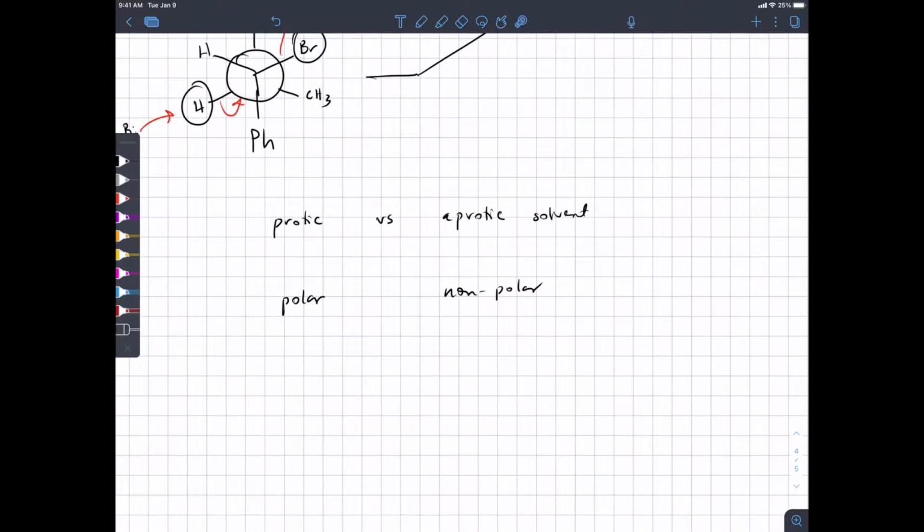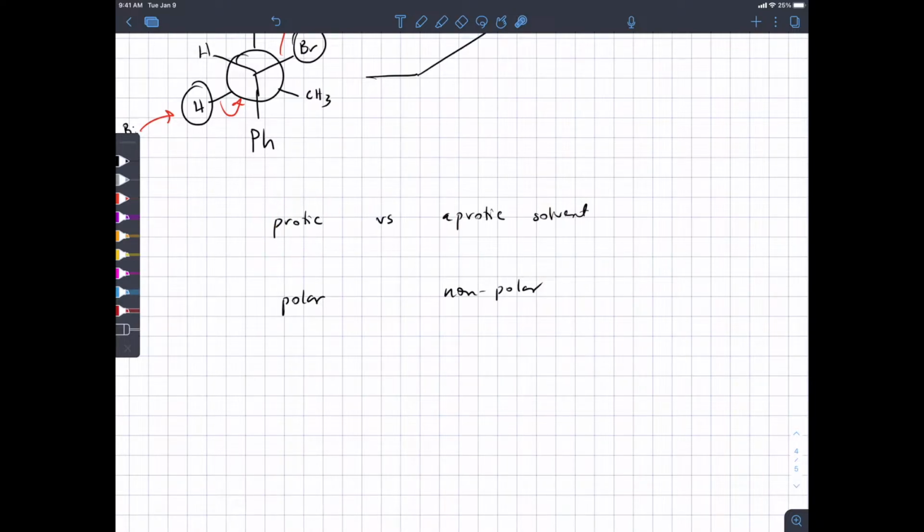Polar solvents are those that have polar bonds where there's an electronegative atom attached to a less electronegative atom, so there's a dipole. Nonpolar solvents are like hexane or benzene, things that don't have permanent dipoles.